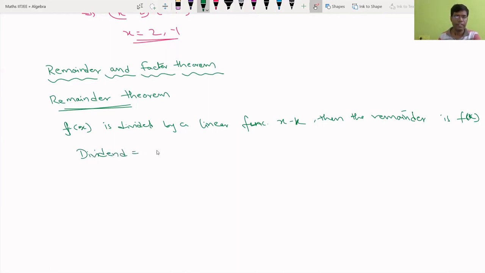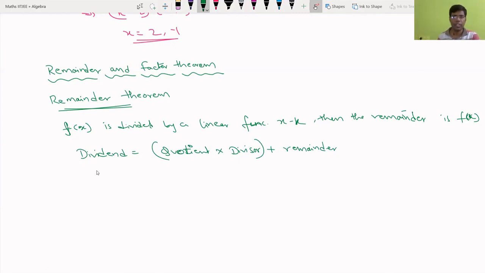So when we divide it with a divisor, we get something called quotient. This is quotient. The quotient, when it is multiplied with divisor and added with remainder, will give us the dividend. So dividend is equal to quotient multiplied with divisor plus remainder.